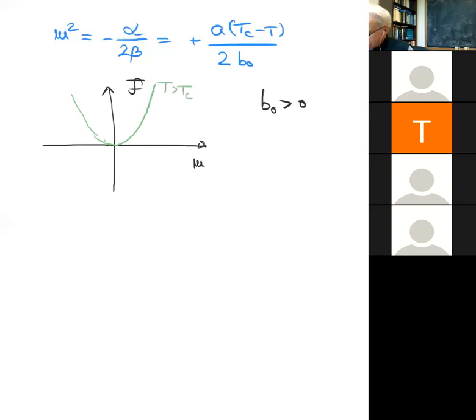And below tc, okay, now the alpha term is negative because it goes as a times t minus tc, so it changes sign. So the alpha term is negative, but the beta term is still positive. So the curvature at the origin is initially negative, but then the fourth order term takes over and curves it back up. Okay, so this is t less than tc. Okay, so this means that below tc there are two minima, here and here, and above tc there's just one minimum here in the middle.